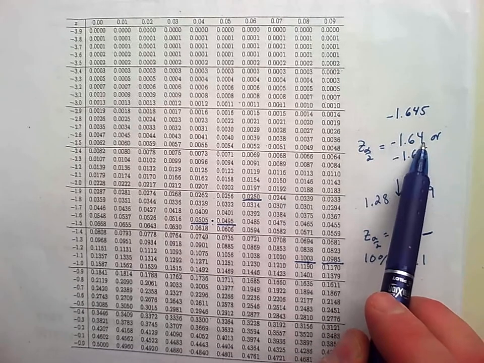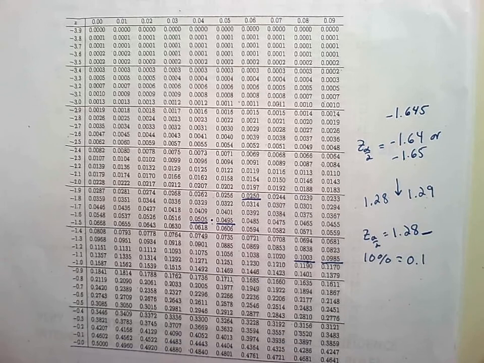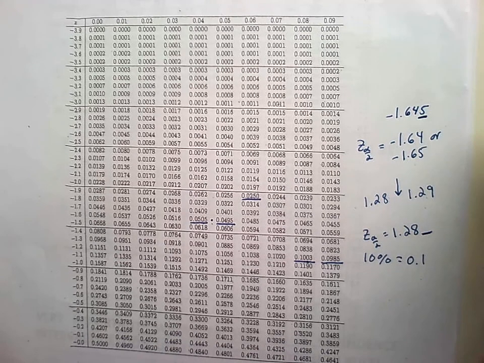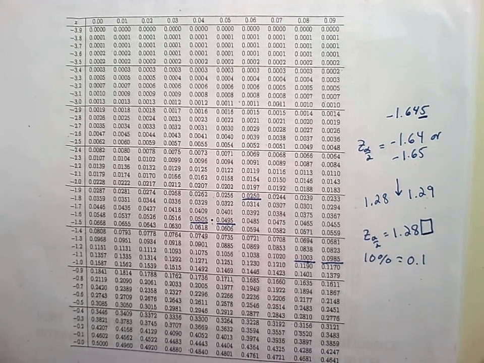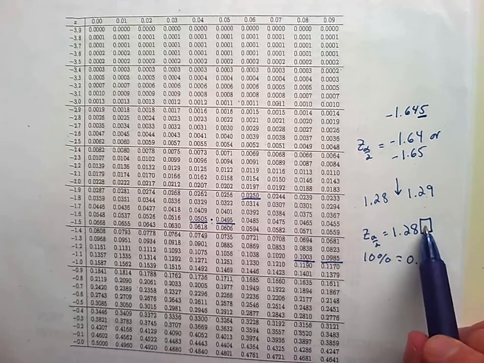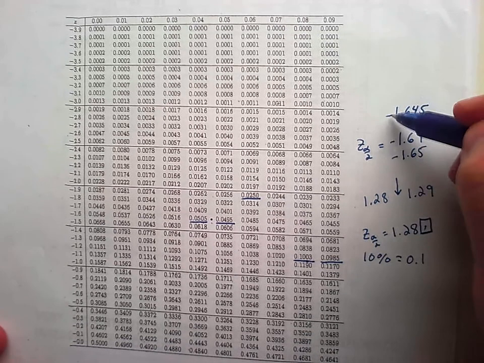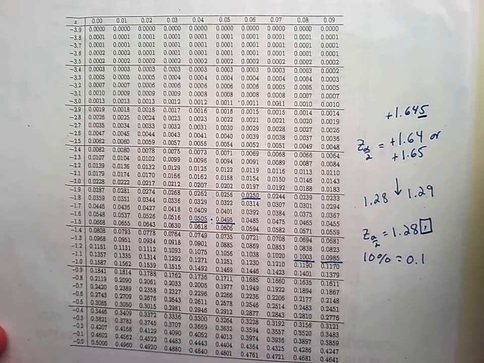Right? Because negative 1.645 is right in between negative 1.64 and negative 1.65. So, just as we figured out this third decimal place, we're going to use a different table in our next section to also figure out this third decimal place like I was talking about before.